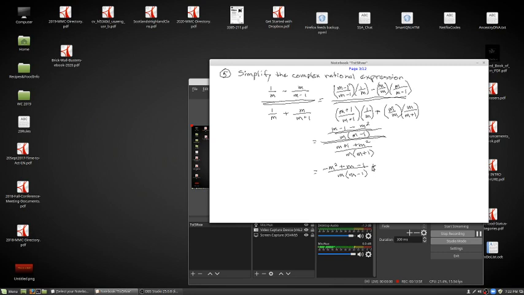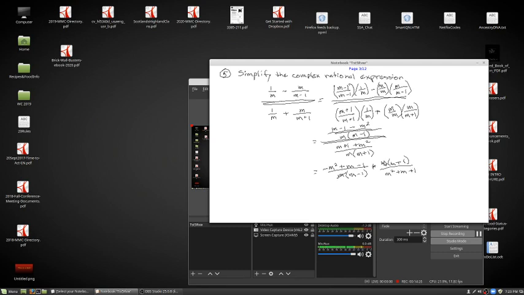times, and remember, when we divide by a fraction, that's the same thing as multiplying by the reciprocal, so we flip that. So we'll have m times m plus 1 on top, and then m squared plus m plus 1.